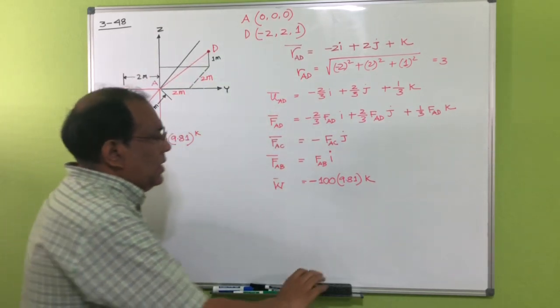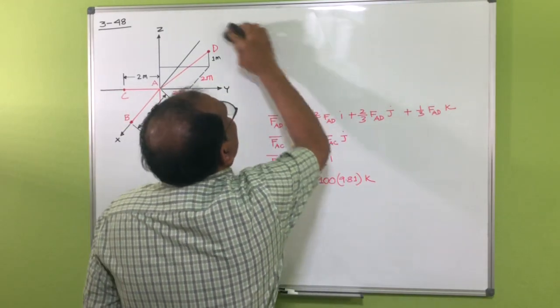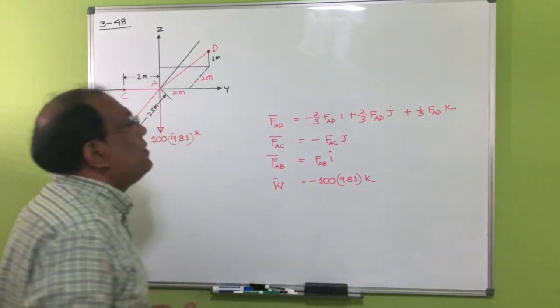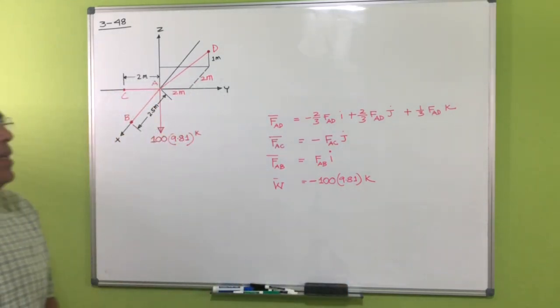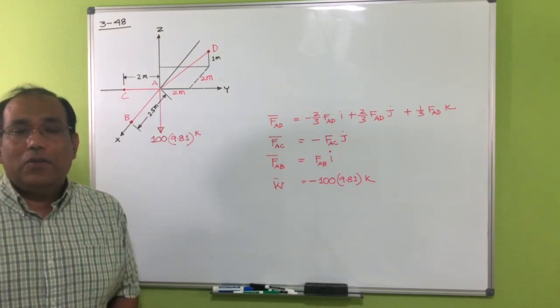Okay, so I have four forces here. I converted all of them into force vectors. Now I can say summation of forces in the x direction equal to 0, right?